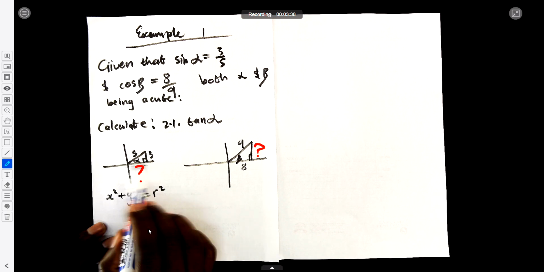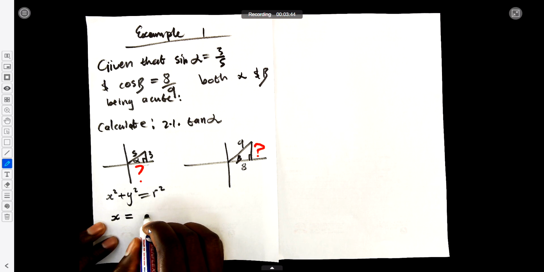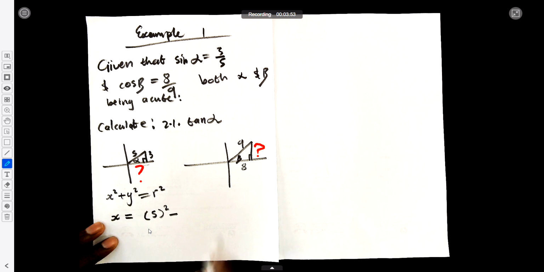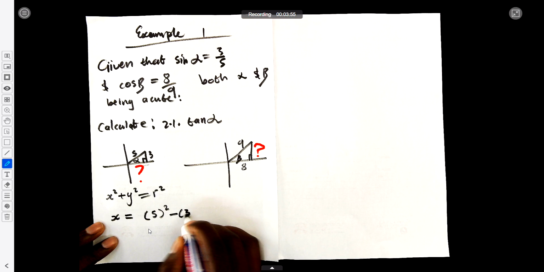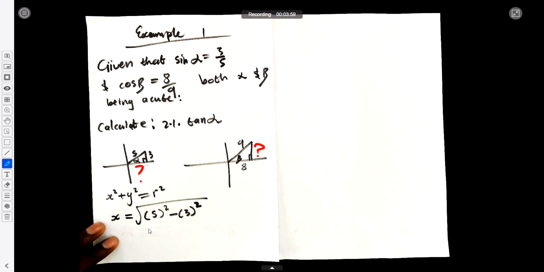So x equals the square root of r squared, the hypotenuse 5 squared, minus y, which is 3 squared.